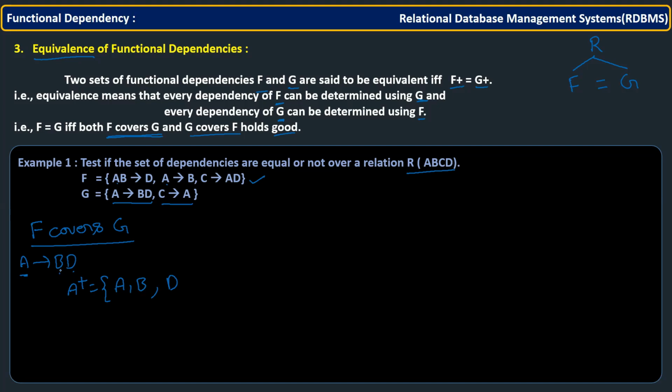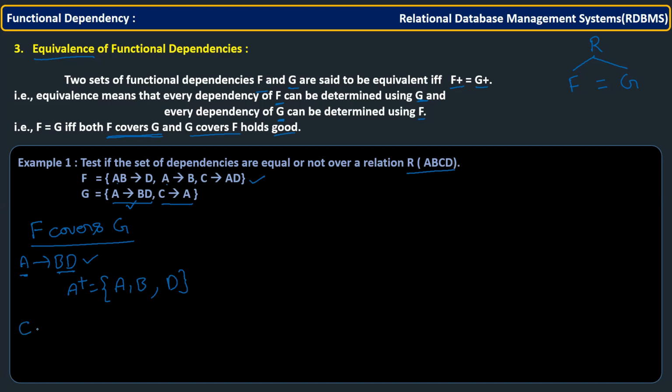The only thing is, whatever you have in the RHS part, you must get in its A closure by using F. So yes, we have BD, so this is fine. If it is deriving any other, that is also fine. So this FD we are covering in F from G.